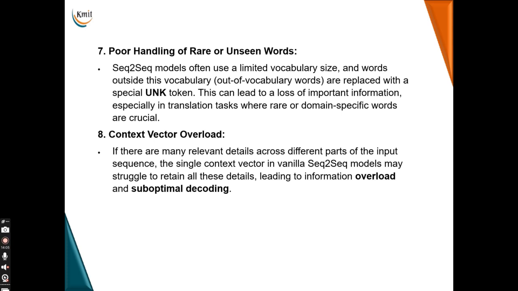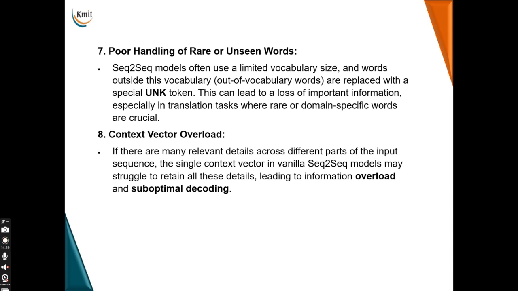Poor handling of rare or unseen words. It works with a fixed vocabulary set, and if any word falls outside this vocabulary set, it marks it as UNK, which stands for unknown token, because of which we might lose some important information. Context vector overload.